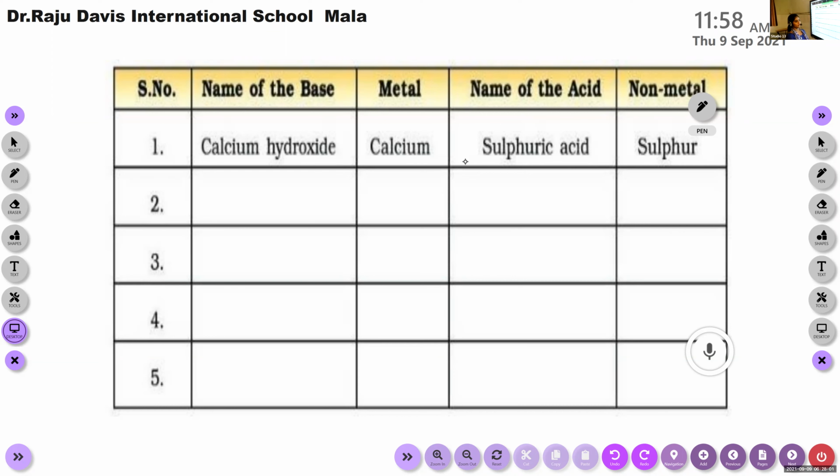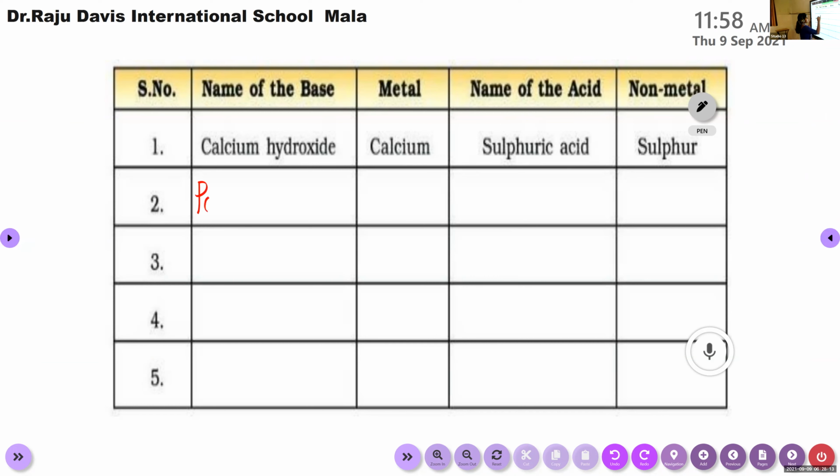Table 4.4. So first one, calcium hydroxide. And calcium is the metal in calcium hydroxide. Then I will write the name of next one. That is potassium hydroxide. Potassium metal. Yes. It's potassium.